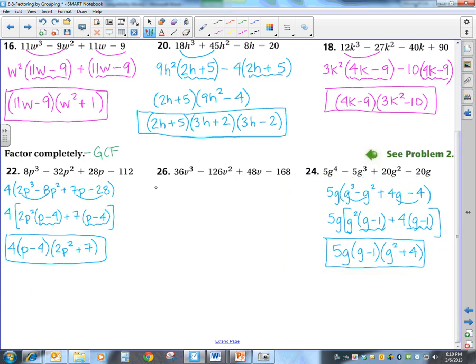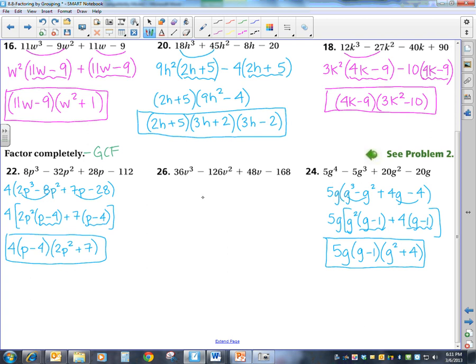Okay, so 26. We've got 36v cubed minus 126v squared plus 48v minus 168. 12 goes into that. Does 12 go into that? Doesn't. So let's go with 6.